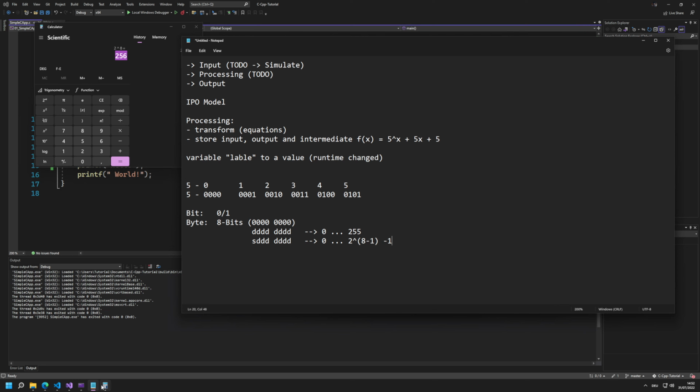If we do the math, 8 minus 1 is 7, so 2 to the power of 7 is 128, and subtracting 1 gives us 127.